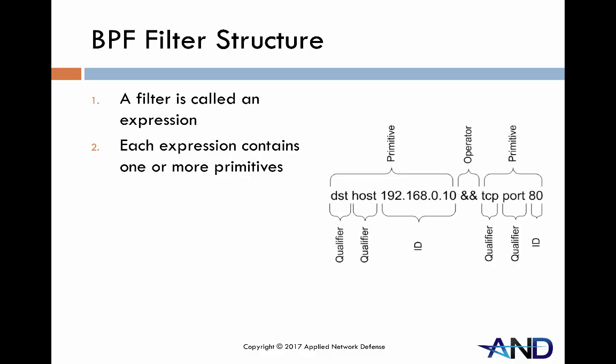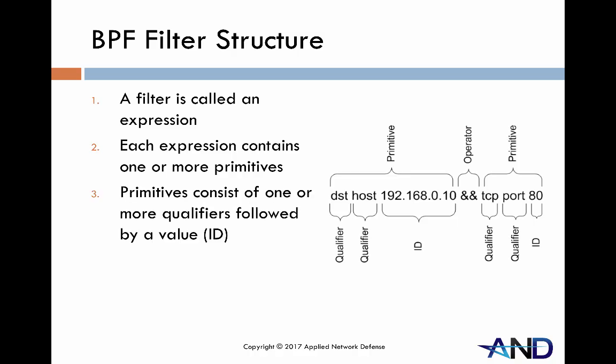In this case, we have 2 primitives that are joined by an operator. The first primitive is dest host 192.168.0.10, and the other primitive is TCP port 80.